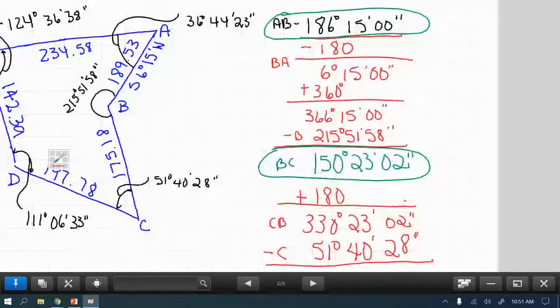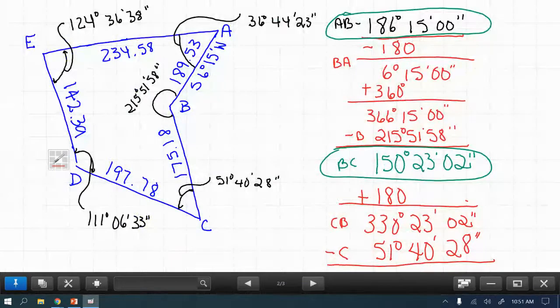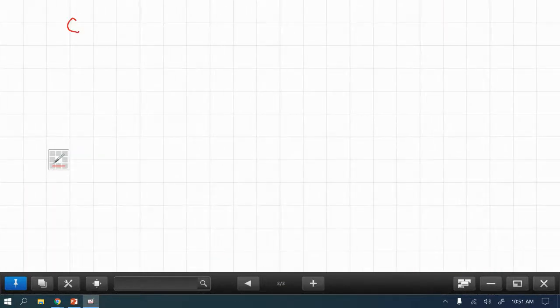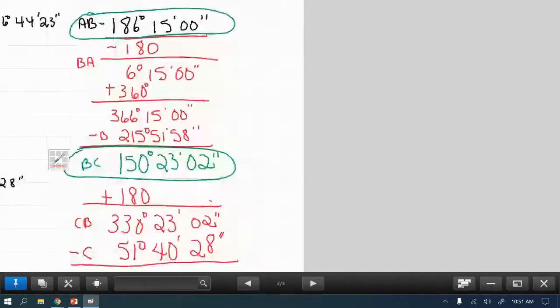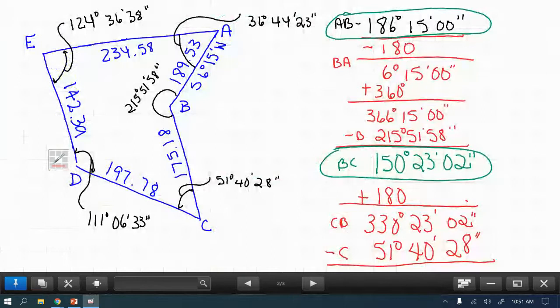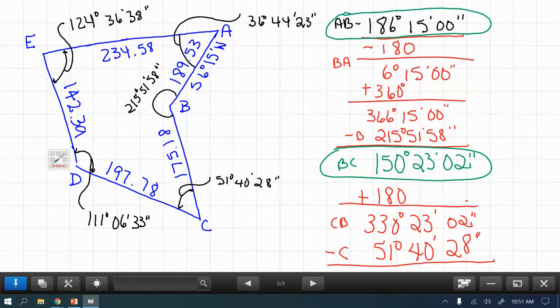So actually what you're solving for will be C to D. You're gonna take the back azimuth minus your angle, and that'll give you the azimuth from C to D.